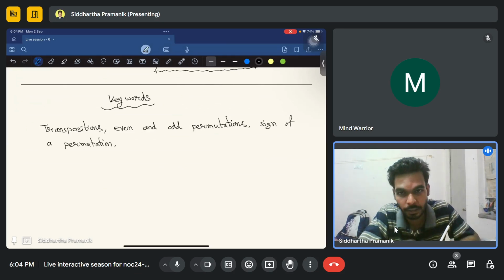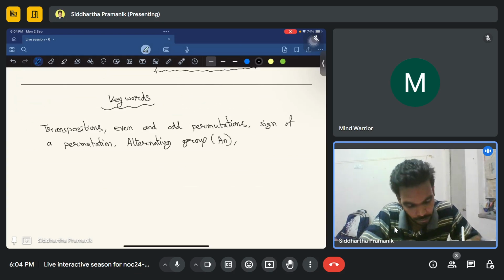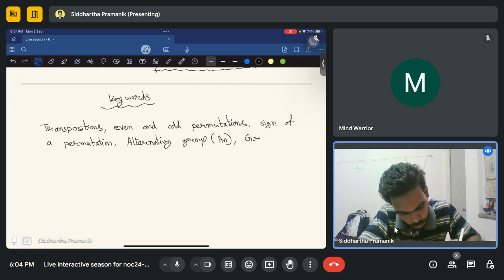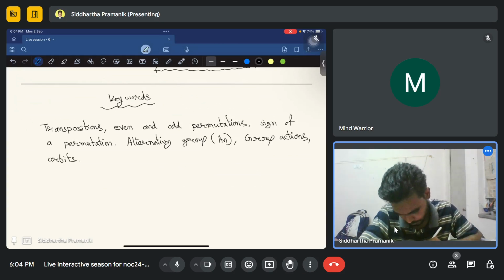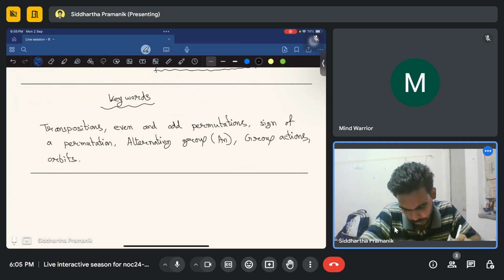Then we saw the group of all even permutations known as the alternating group, denoted by An, and then we moved on to another topic known as group actions, and also saw the orbit of group actions. So these are the main topics of this week.